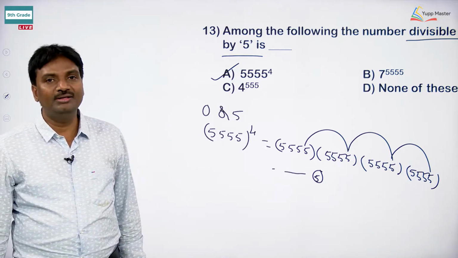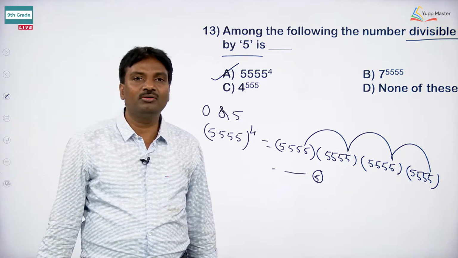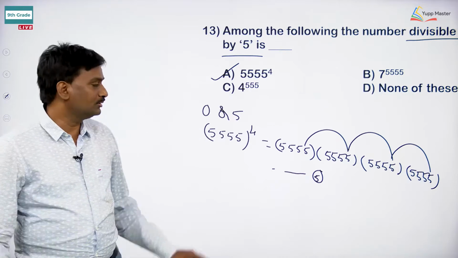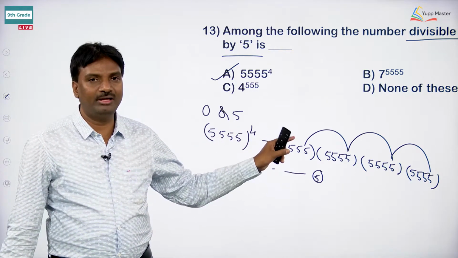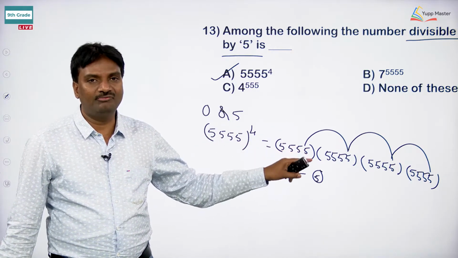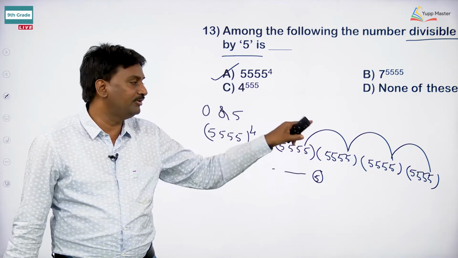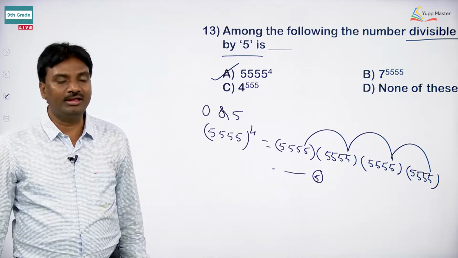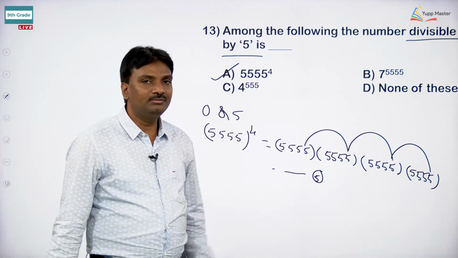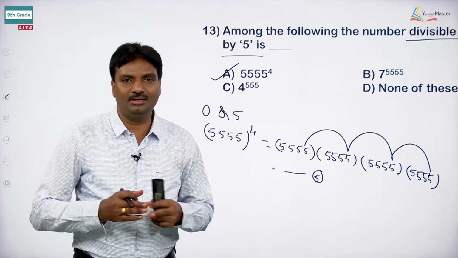Here, by writing 5555 power 4 as the product of 4 times, 5555 into 5555 into 5555 into 5555, we don't need to expand the total.